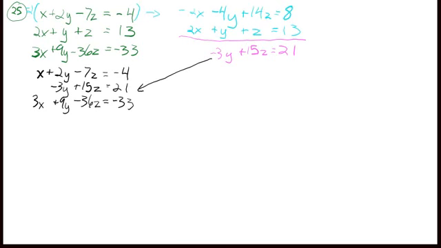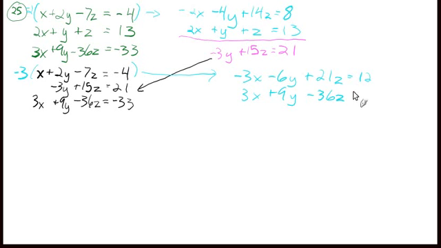And to cancel out this 3, I'm going to multiply this by negative 3. So negative 3x minus 6y plus 21z equals positive 12. And 3x plus 9y minus 36z equals negative 33.